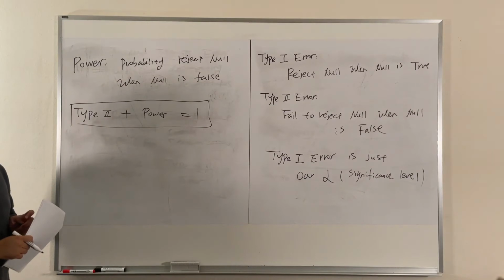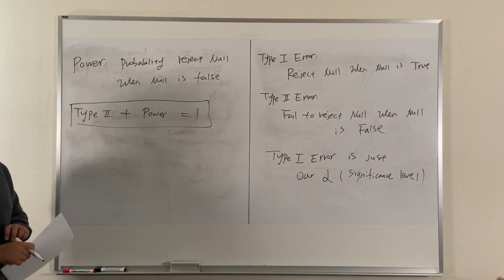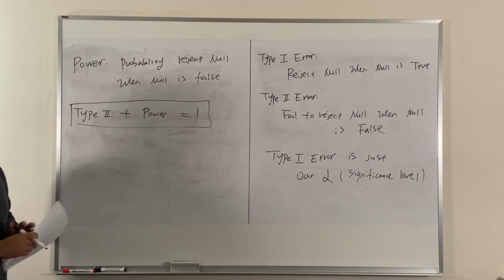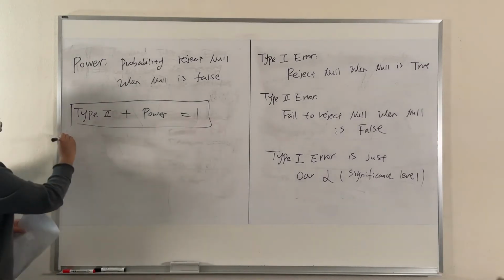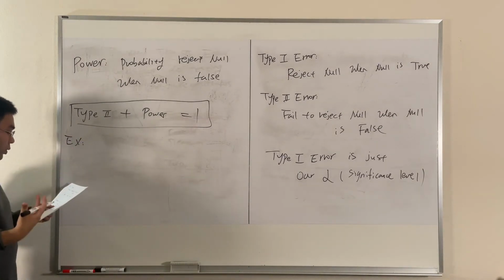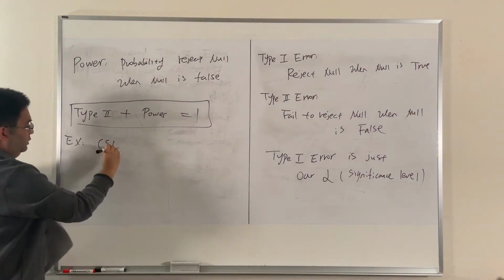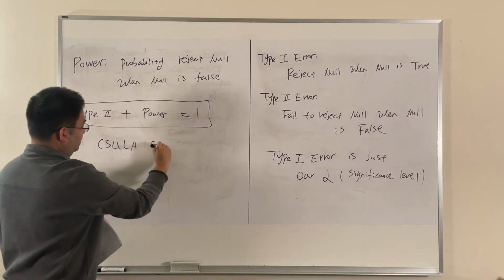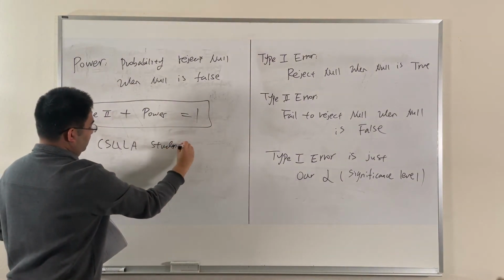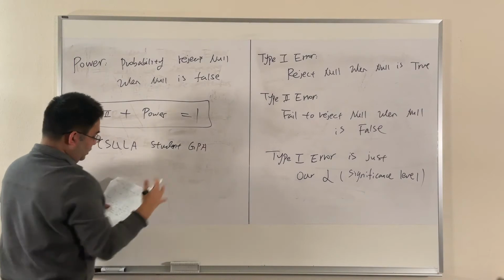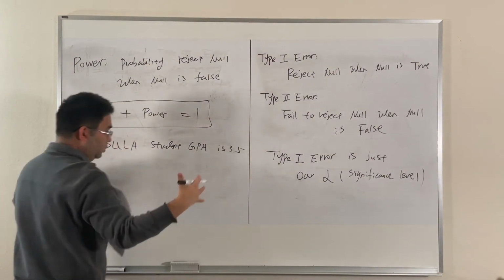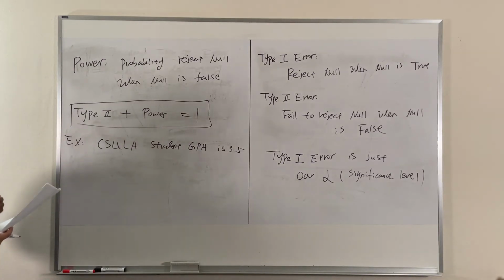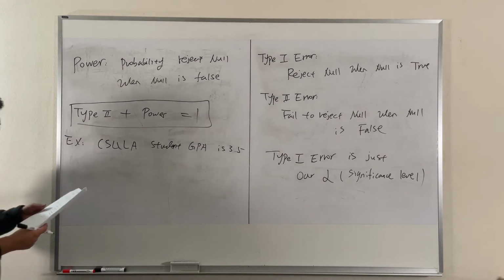Now let me give you an example to show you how type 1 and type 2 error show up. We're told that Cal State University Los Angeles students' GPA, the average, is 3.5. So we know that the whole school's average is 3.5, and then we're interested in whether econ students have a different GPA.